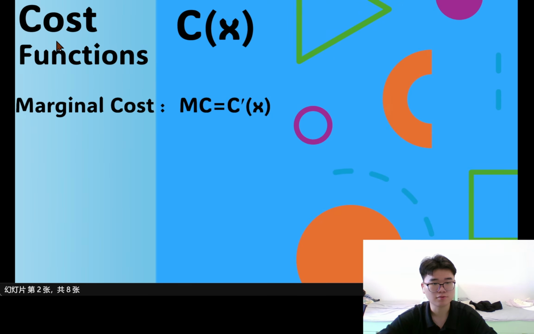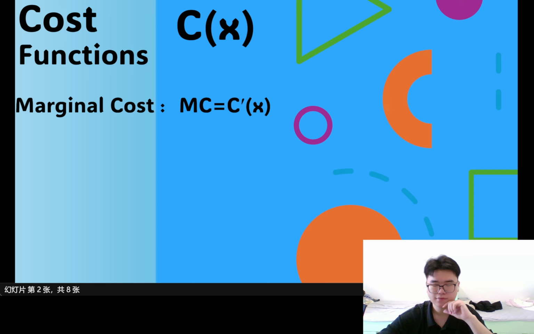First, we need to talk about the cost function C(x). The cost function describes the total cost of selling products. This total cost includes two parts: fixed cost and variable cost.